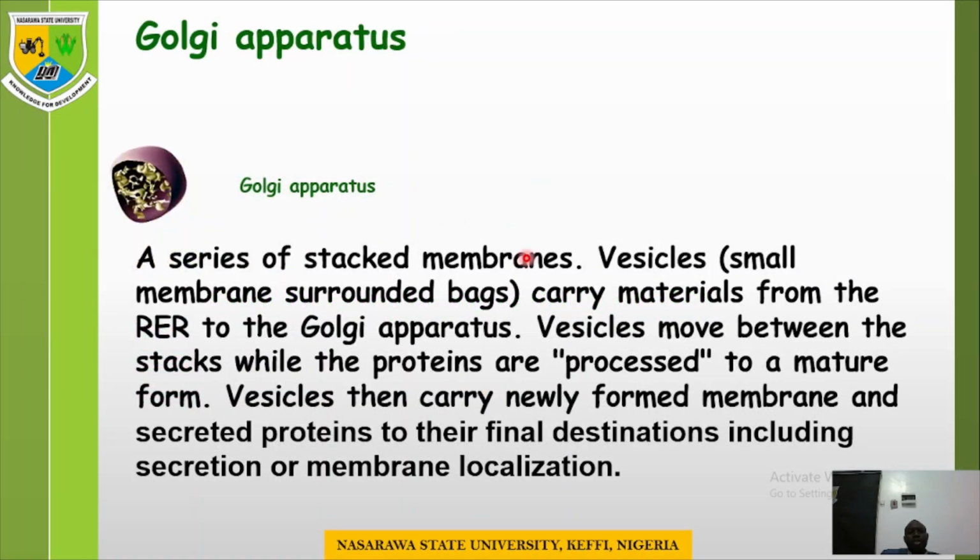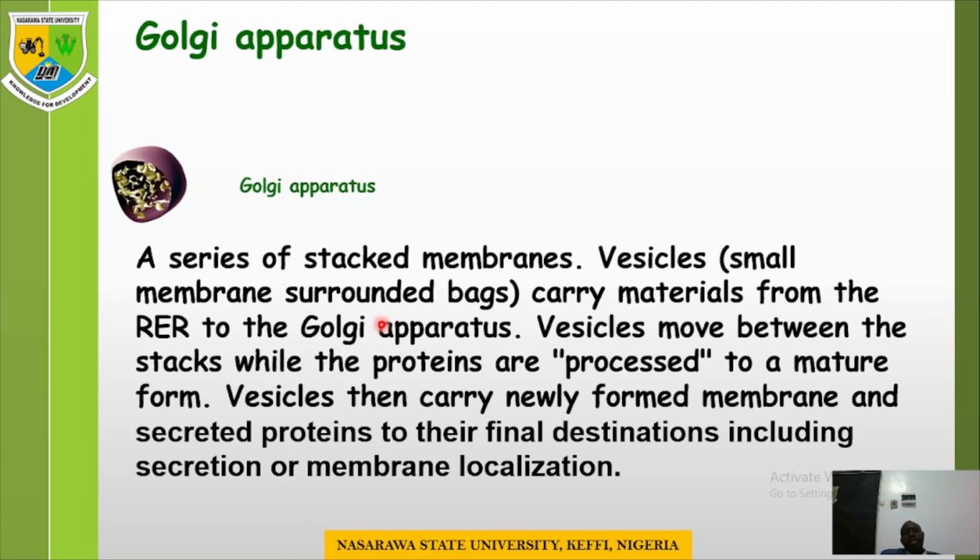Golgi apparatus, a series of stacked membrane vesicles, small membrane-surrounded bags, carry materials from the rough endoplasmic reticulum to the Golgi apparatus. Vesicles move between the stack while the proteins are processed to a mature form.